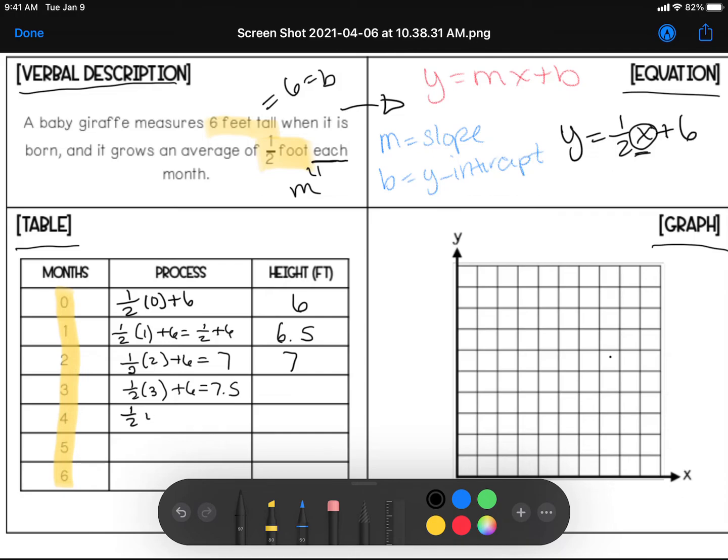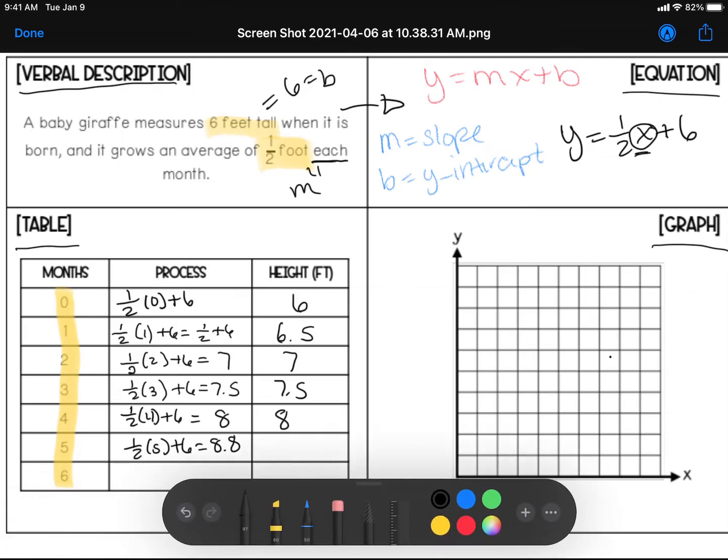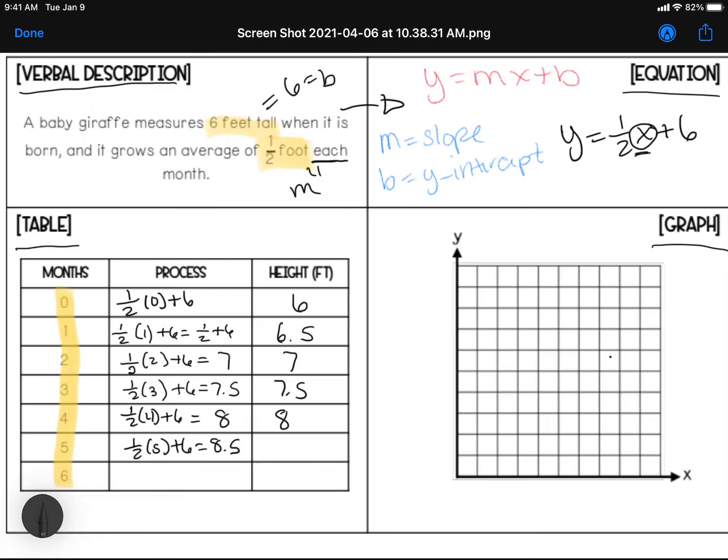And so a half times 4 plus 6 equals 8. Then 8.5, and a half times 6 plus 6 is 9.